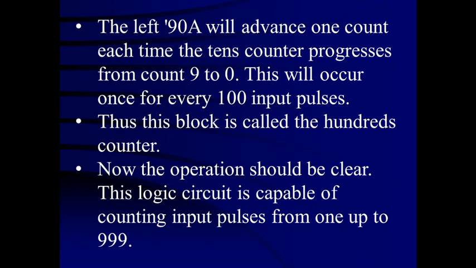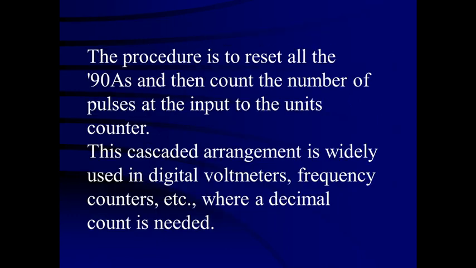The left 7490A will advance one count each time the tens counter progresses from count 9 to 0. This will occur once for every 100 input pulses. Thus, this block is called the hundreds counter. Now, the operation should be clear. This logic circuit is capable of counting input pulses from 1 up to 999.